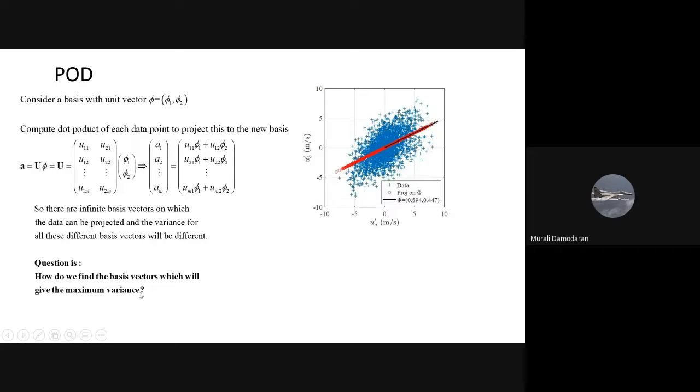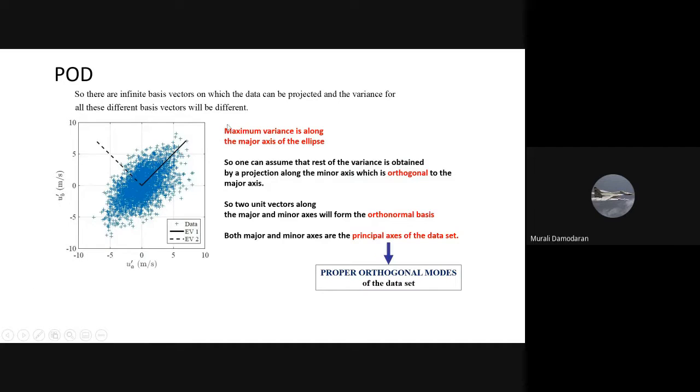So the question is, how do we find the basis vectors which will give the maximum variance? This is what we want to do. There are infinite basis vectors. If you look at this particular set of data, we know that the maximum variance is along the major axis of the ellipse.